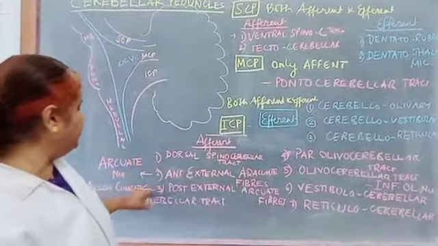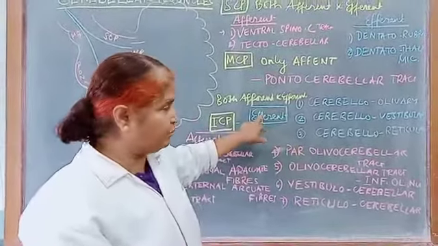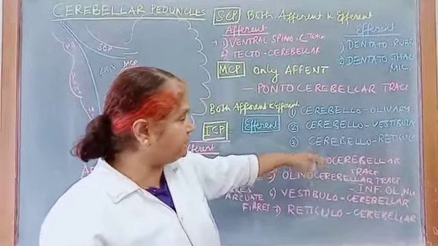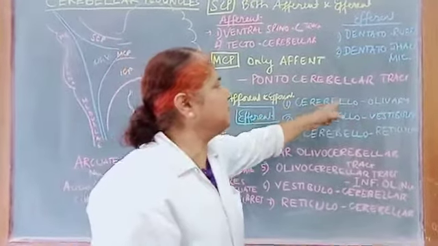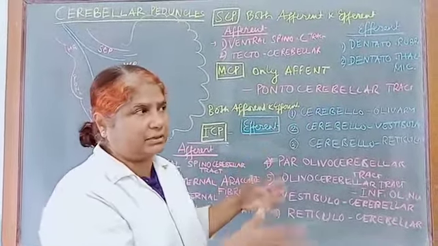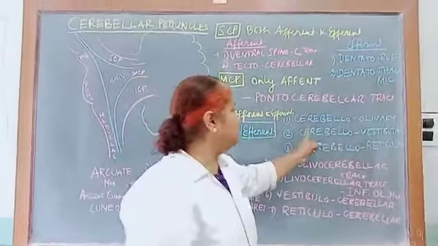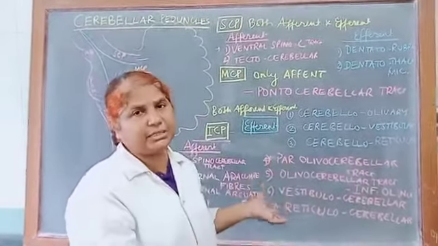So these three are very important, and these three correspond to the efferent fibers. Whatever information goes from the olivary nucleus by the olivocerebellar tract, the cerebellum gives back instantaneously by the cerebello-olivary tract. So the information goes from the olivary nucleus, the cerebellum decides and then gives the information again to the olivary nucleus. Coming to the vestibular nucleus, it gives the information to the cerebellum.